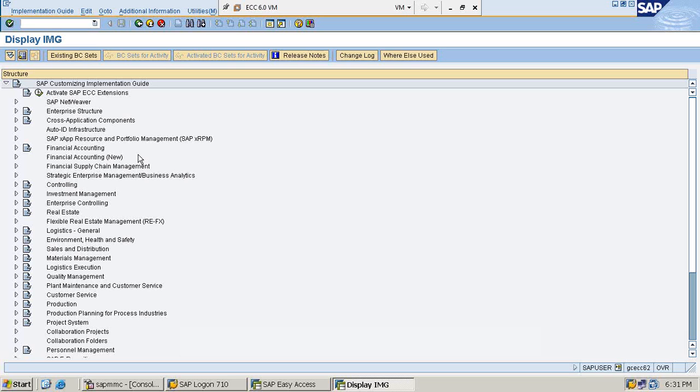Remember, during the training, you will be provided training both in the consultant area as well as in the end user area. Clear? Now we have discussed end user and consultant, and also the screens, SAP Easy Access screen and IMG screen.